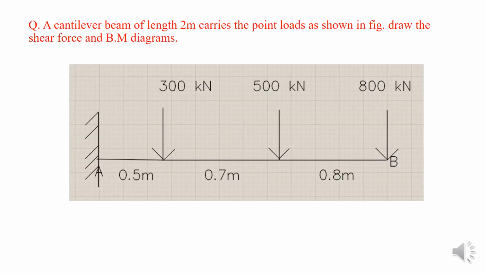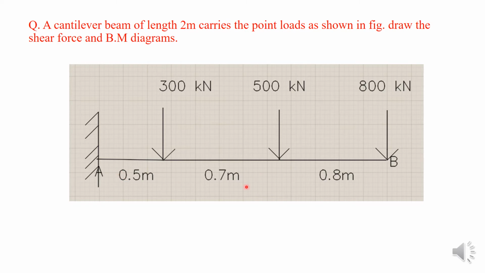Okay, so this is a problem. A cantilever beam of length 2 meter carries the point loads as shown in the figure. Draw the shear force diagram and bending moment diagram. Here you can see a cantilever beam of which one end is fixed and the other end is free, and which is acted upon by certain loads, that is 800 kilonewton, 500 kilonewton and 300 kilonewton. The total length of the beam is 2 meter and the individual span lengths are also given.